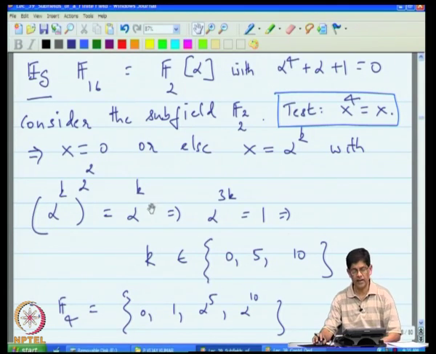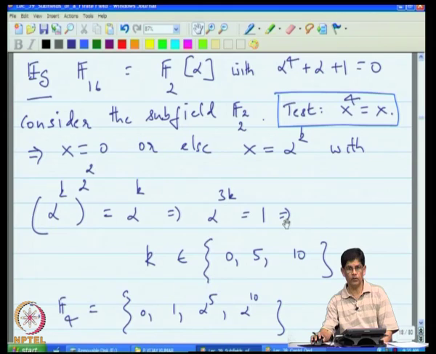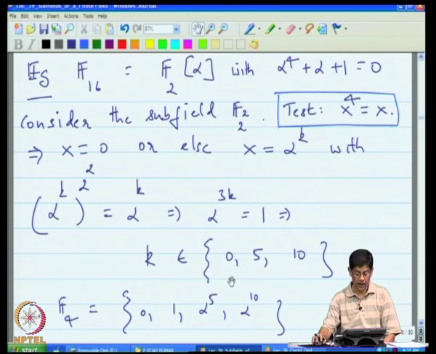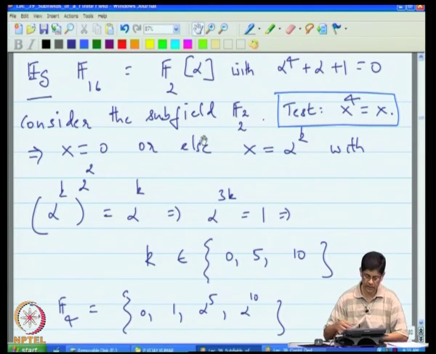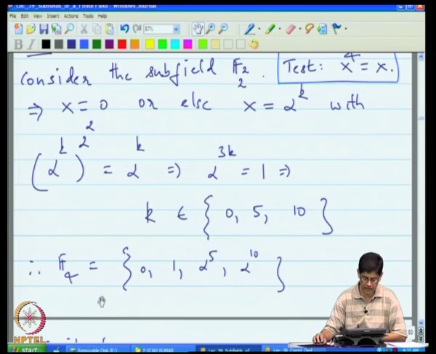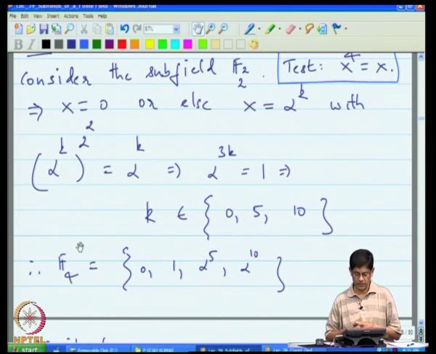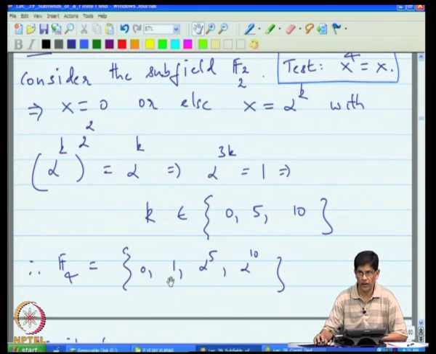So the only way this can happen is if alpha to the 3k is equal to 1, but that is the same as saying that k is either 0, 5 or 10. So in this particular case the subfield test has led us to this set as being the subfield of 4 elements, that is 0, 1, alpha to the 5 and alpha to the 10.